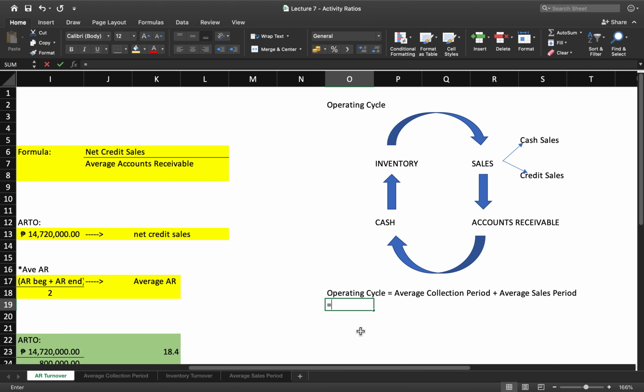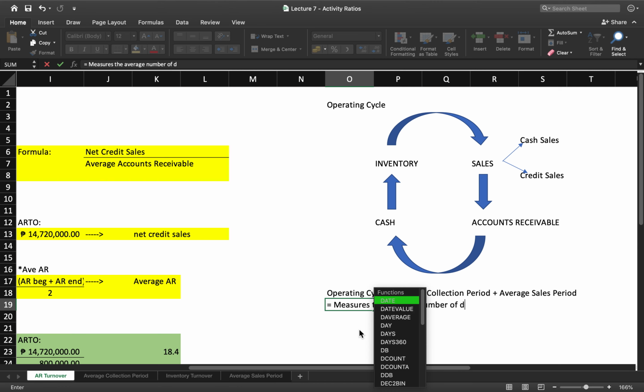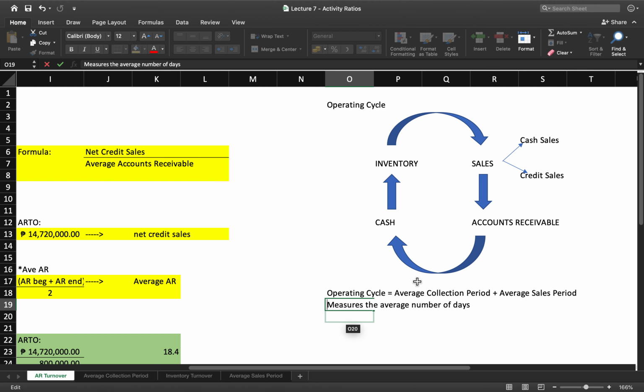So, ano namang goal nito? So, this measures the average number of days to convert inventories to cash.